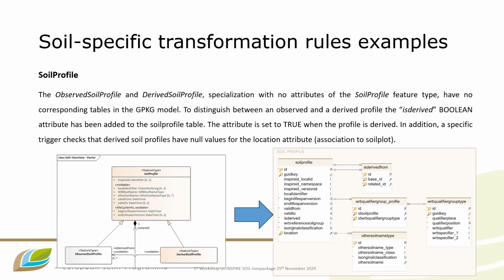When we want to validate, I will detail all this when I talk about the validation of the EJP SOIL GeoPackage. In any case, I just anticipate a few concepts here. When I say that you have to demonstrate compliance, you have to transform back to GML, and that GML will have the official INSPIRE schema, not a simplified one. So to demonstrate that your GeoPackage data is compliant to INSPIRE, you take your GeoPackage dataset as a source dataset.